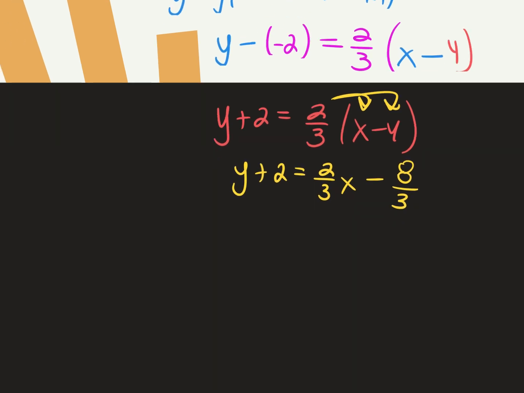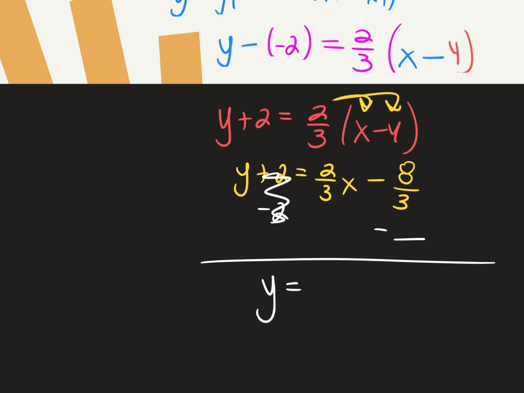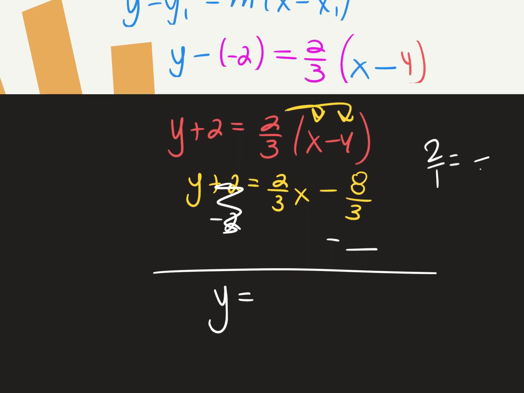Oh my God. What's one last thing I have to do to get y all by itself? I'm going to subtract 2. When I subtract 2, guys, I'm going to go ahead and turn it into thirds. 2 over 1 becomes how many thirds? 6/3, right? So negative 8 minus 6. Negative 14/3.